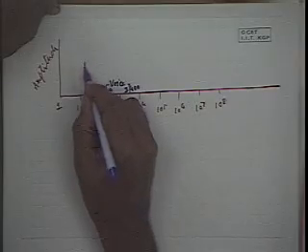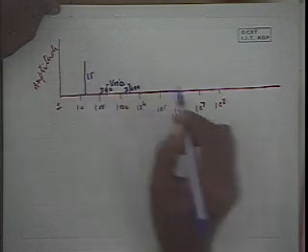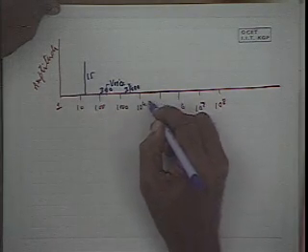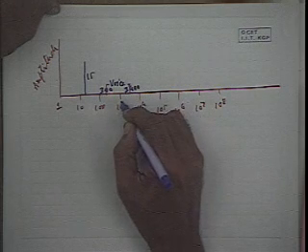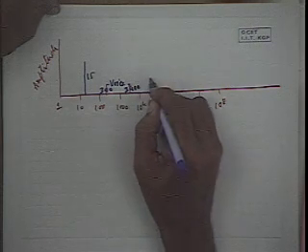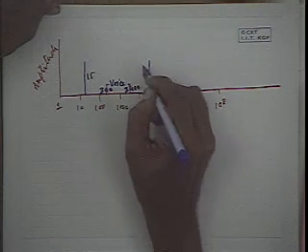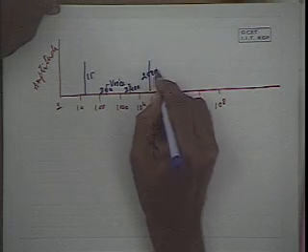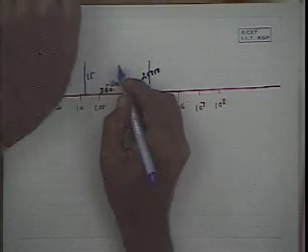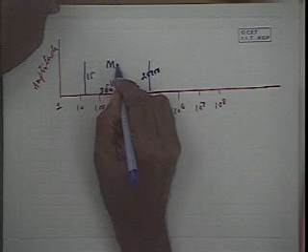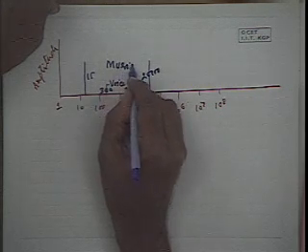If you want to listen to good quality music, what is the bandwidth? Bandwidth of good quality music starts from 15 to 20 kilohertz. This is 10 kilohertz, so it will be somewhere here, 20,000. So this is the bandwidth of music.